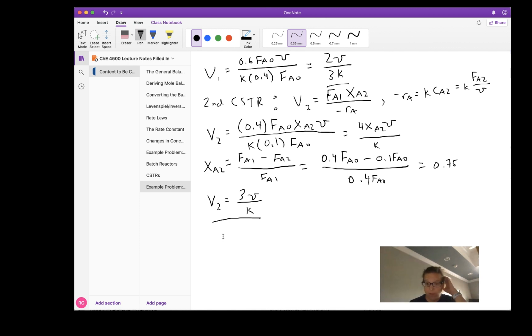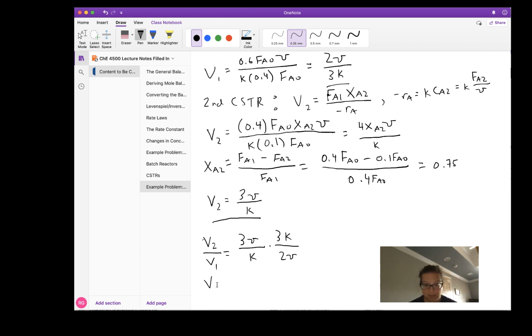If I want to know the volume of the second reactor that I need, I'm going to go back and relate that to the volume of the first reactor, which I also have an expression for. So I can say V2 divided by V1 is equal to 3 times the volumetric flow rate divided by the rate constant times 3 times the rate constant divided by 2 times the volumetric flow rate.